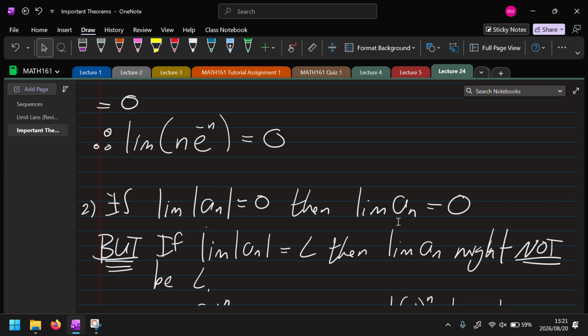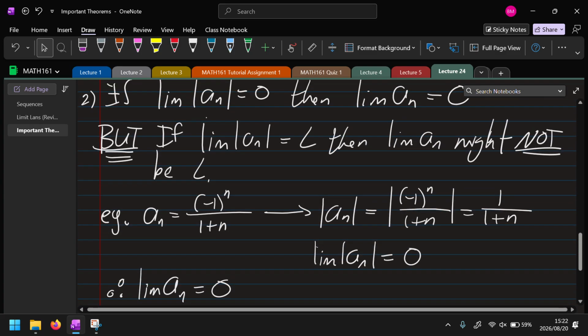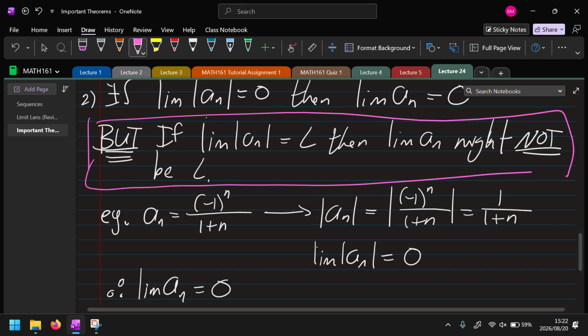Okay, if that is non-zero, this does not work. Okay, so please put a big box around this. Yeah, so you can't use it everywhere.